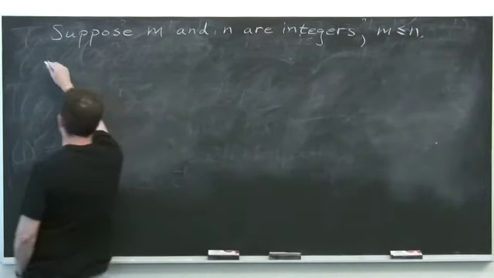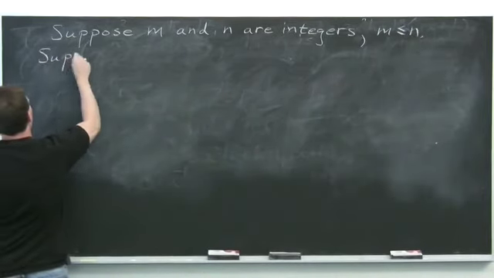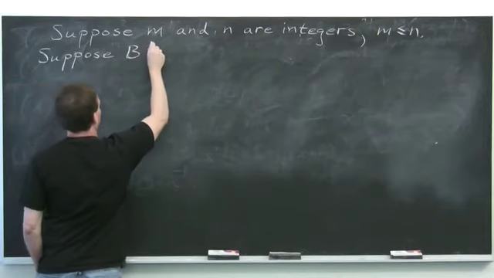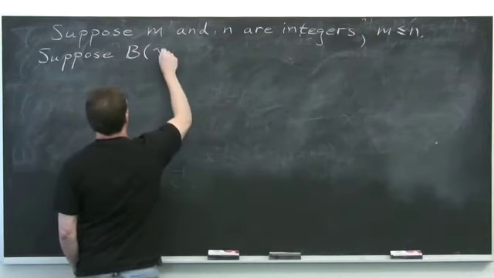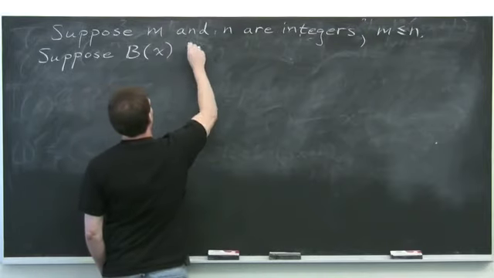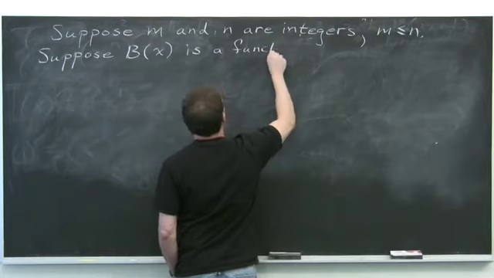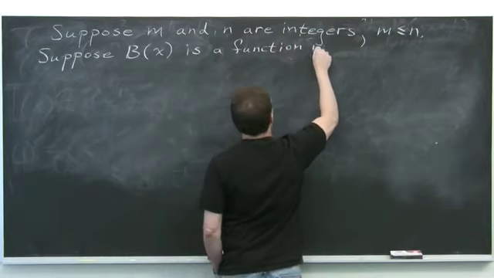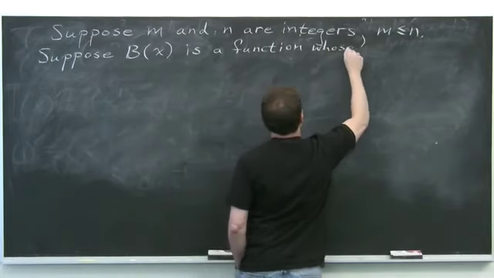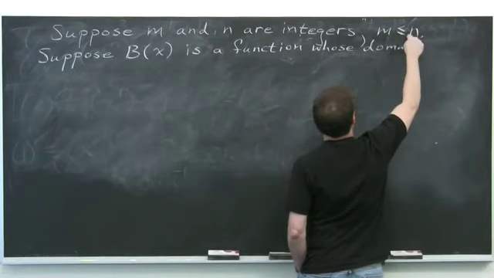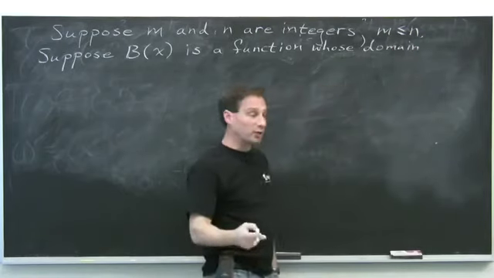And then I'll suppose b of x is a function whose domain includes all the integers between m and n, including m and n.